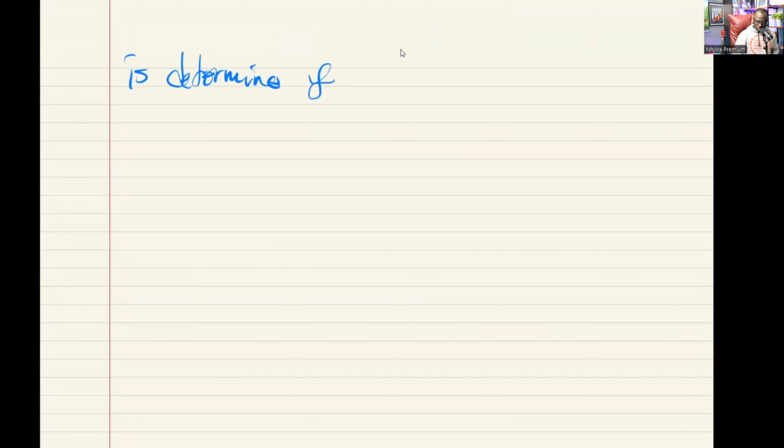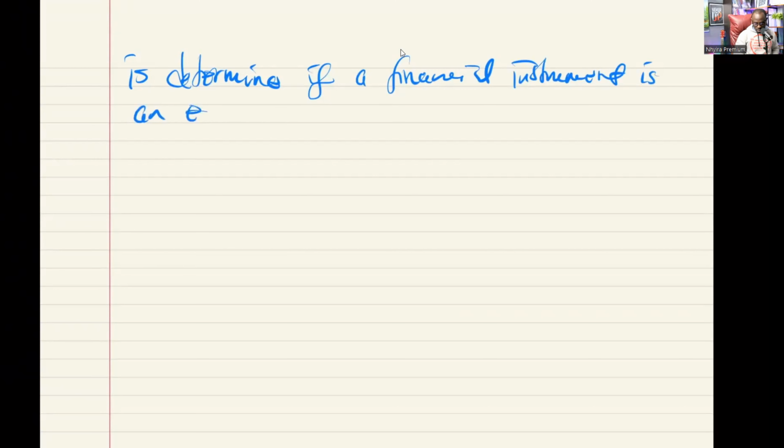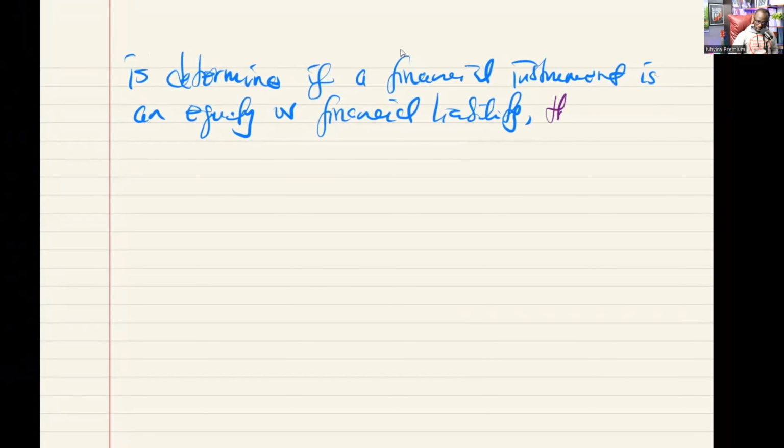So to determine if a financial instrument is an equity or financial liability, this question must be answered.